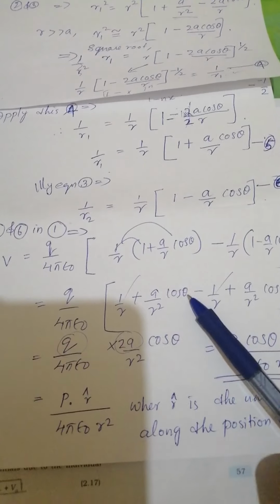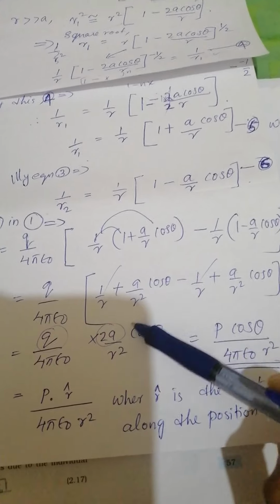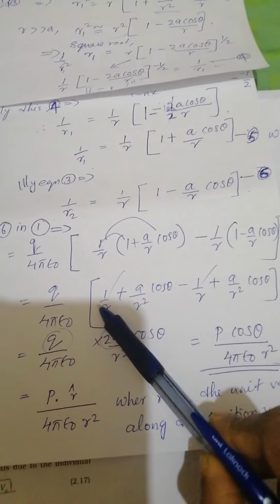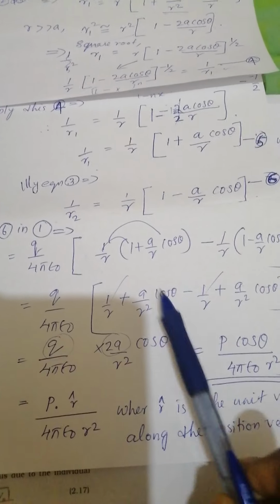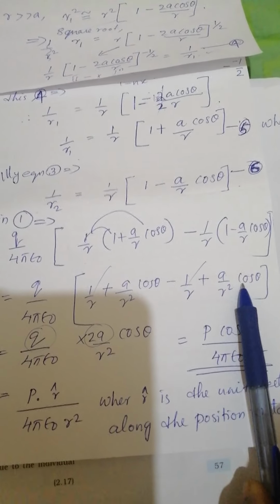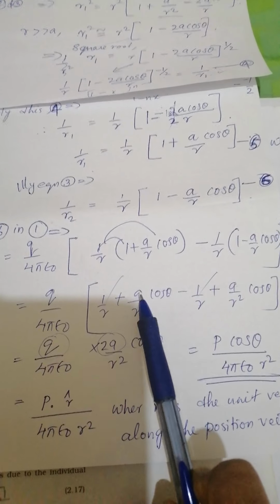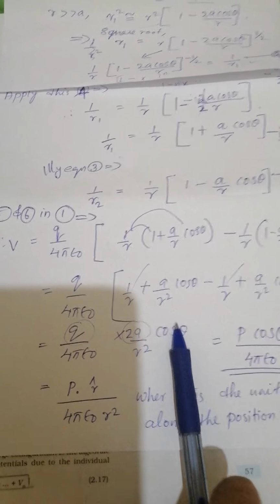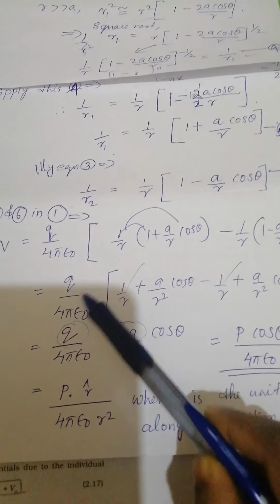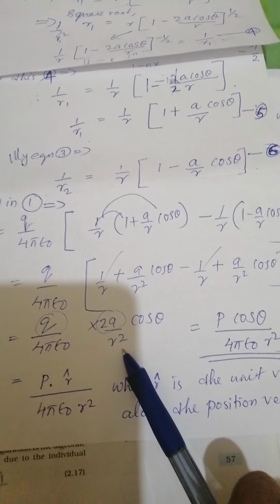So from this we can cancel these two terms, 1 by r and minus 1 by r, that will get cancelled. Here this term plus this term is 2 times this, that is 2a cos theta divided by r square. So the equation will become q by 4 pi epsilon 0 into 2a cos theta divided by r square.